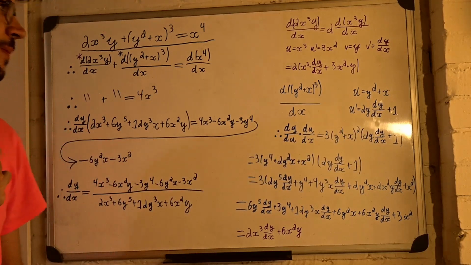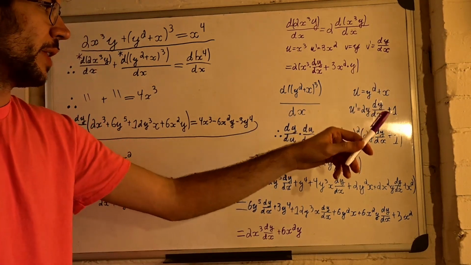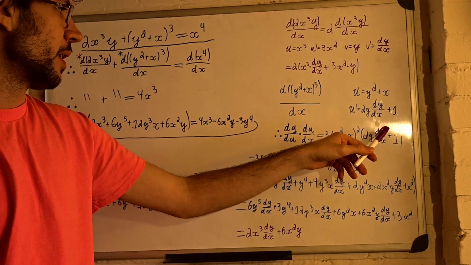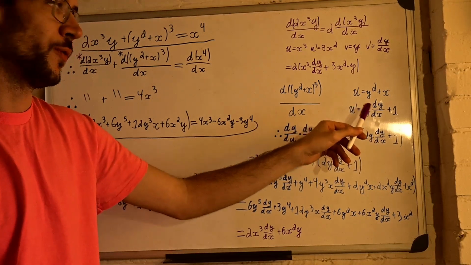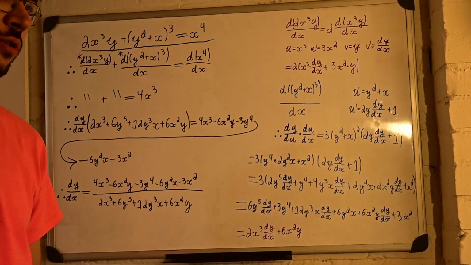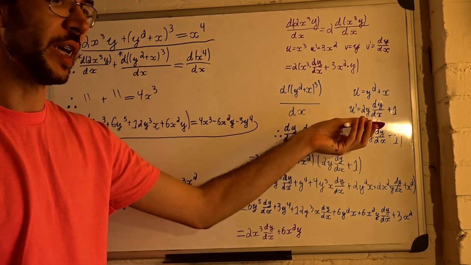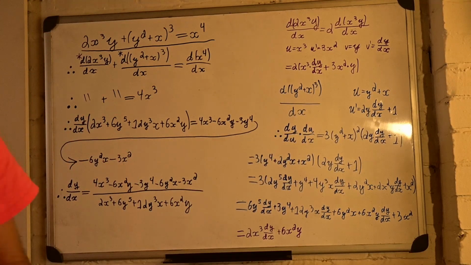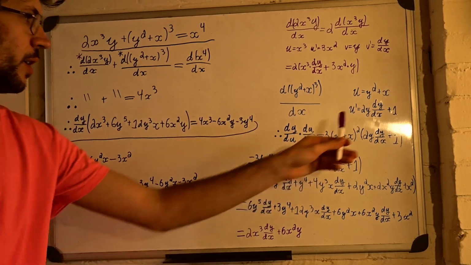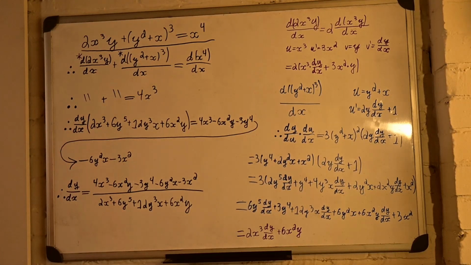That's the simple way to do it, and that's how you should do it every time. So if we had y cubed here, then it would be 3y squared times dy over dx, because you'd find the derivative of y cubed as if it was x cubed. So pull the 3 down, 3y squared, and then you multiply by dy over dx. Anytime you're differentiating y in implicit differentiation, you just differentiate it normally as if it was x, and then you multiply it by dy over dx. That's all you have to do.